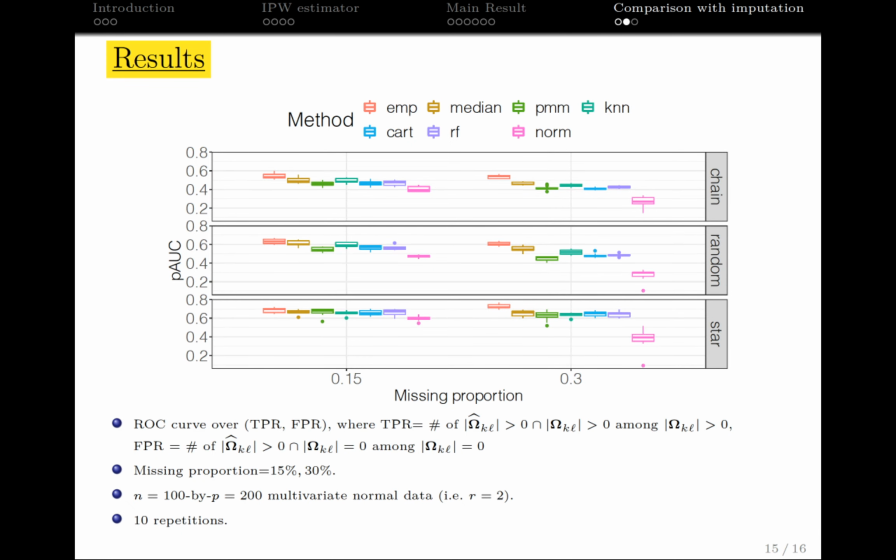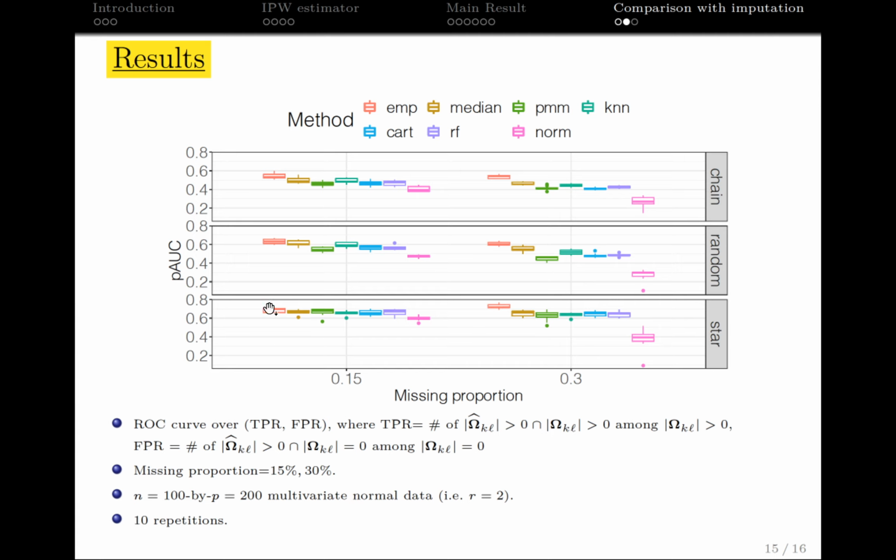To measure the performance, we check how much of the graph structure is recovered by computing the true positive rate and false positive rate.